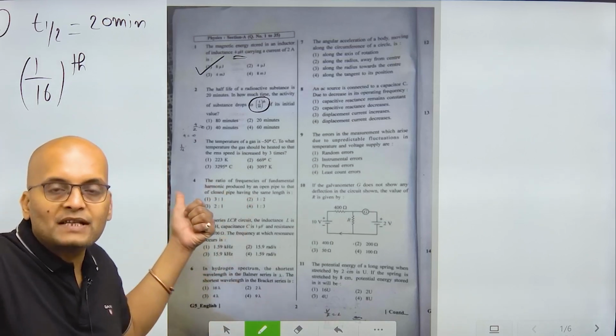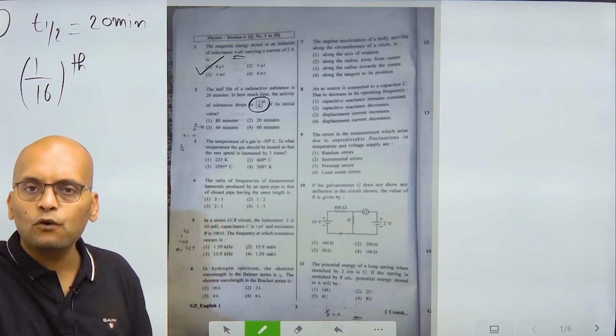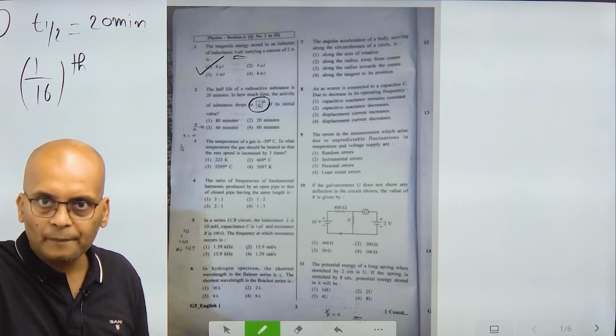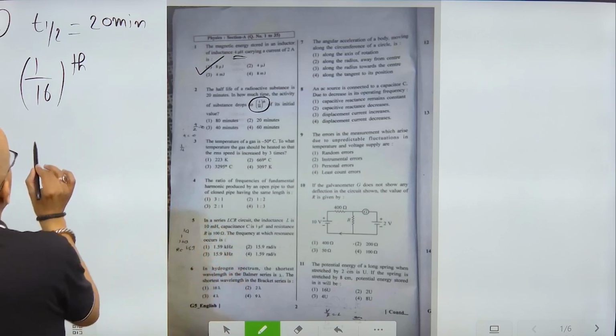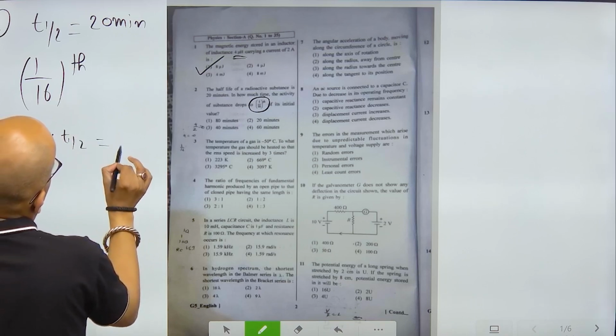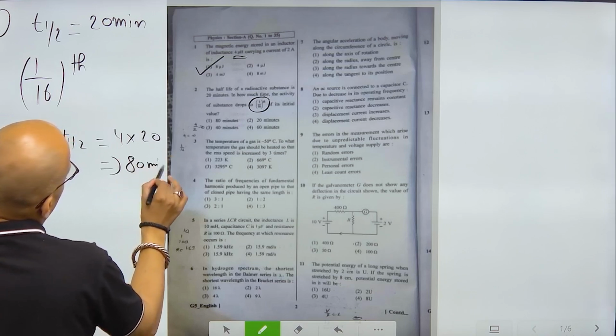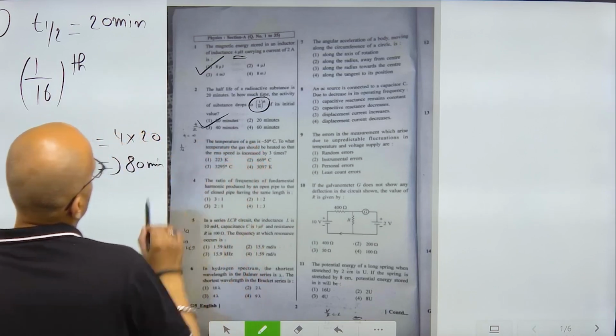So if its activity is dropping to 1/16, that is 4 half-lives. So 4 into T half, that is 4 into 20, 80 minutes. Direct question it was. Most of the questions are direct here.